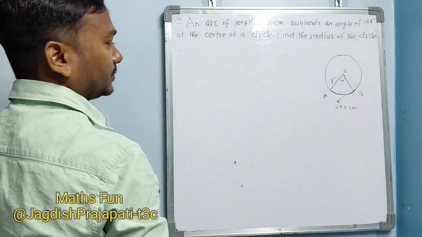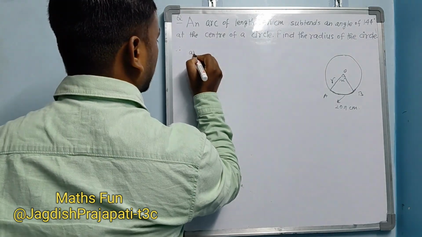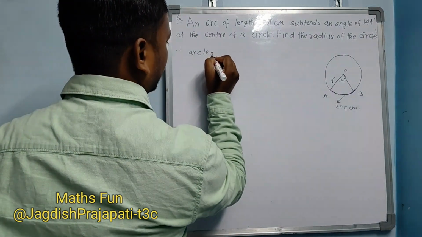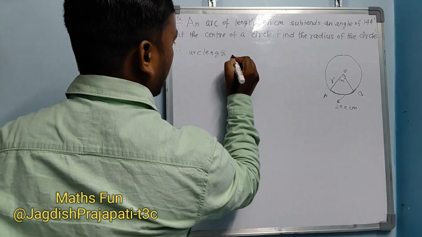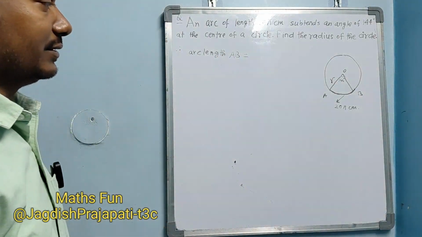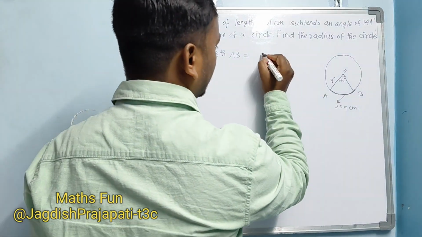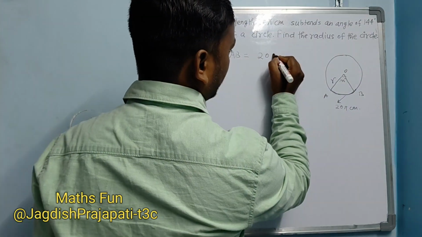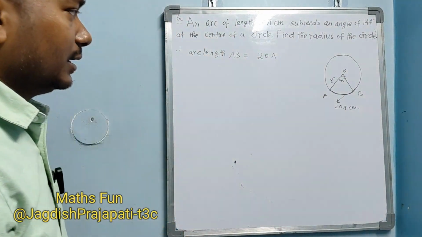Therefore, arc length AB is given as 25.